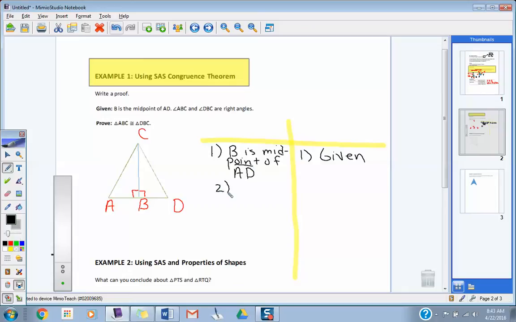So I'm going to write this down as well. Angle ABC and angle DBC are right angles. That's also given to us.